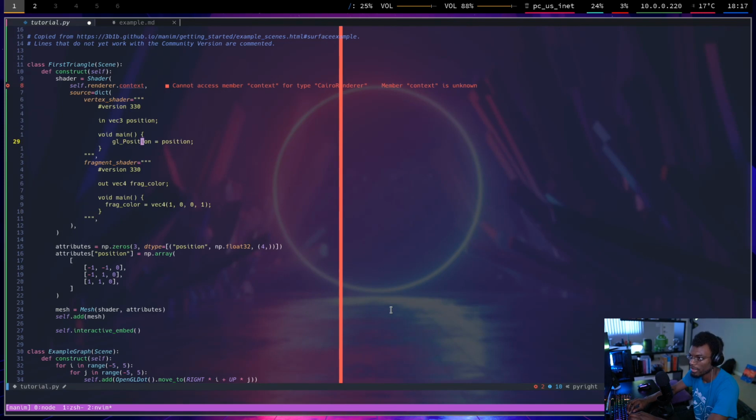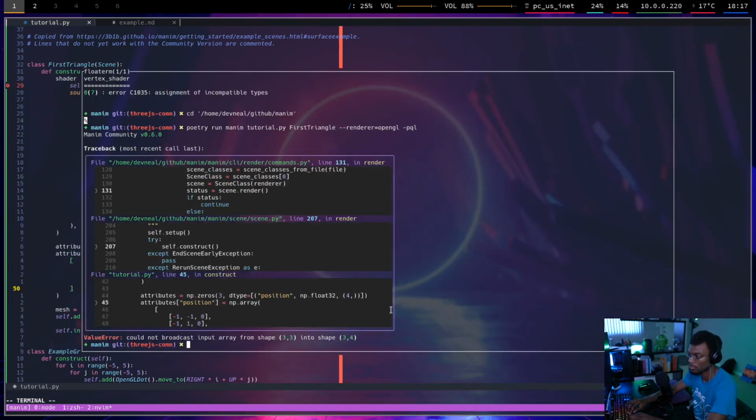So vec3, and I'll just make this vec4, a position and append a 1 like this. Okay, so this I think should run. Nope. Uh-oh.